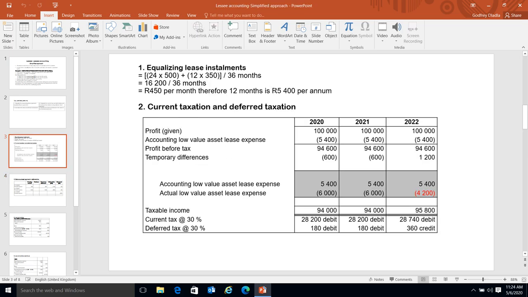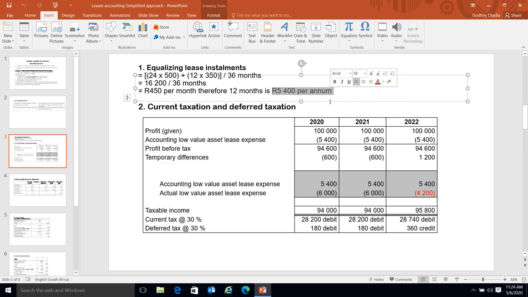You've got a standard 5,400 per month. Okay. It's a standard amount according to accounting that you're supposed to pay. But let's look at this here, especially in relation to temporary differences, because it's where you're going to get an understanding. Accounting says to you, you should have paid 5,400. That's what accounting is saying. It's saying to you, you must always pay 5,400 every year.